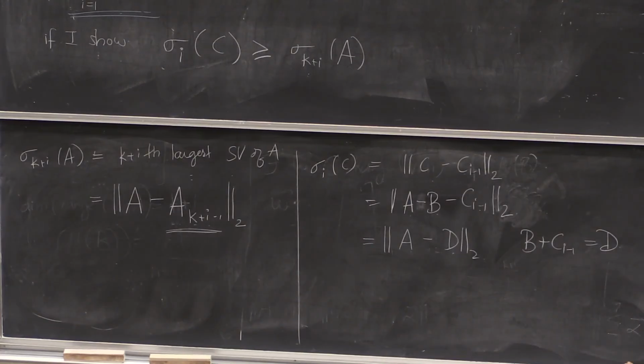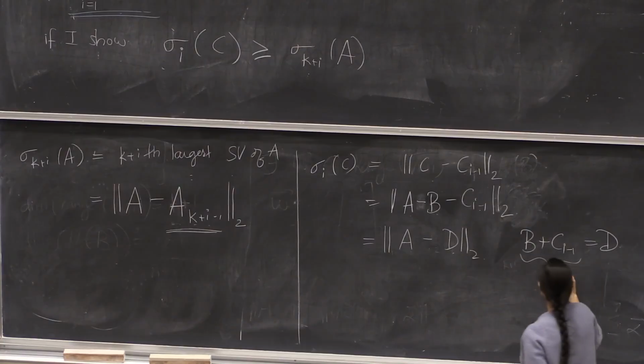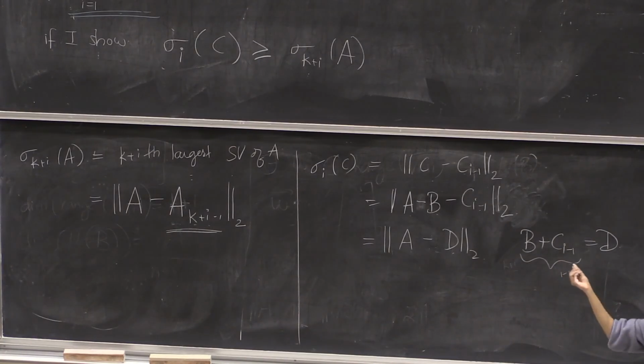Now, the homework problem on your first or second homework: what is the rank of C_{i-1}? At most i minus 1 by definition. What is the rank of B? At most k. So therefore, what is the rank of D?